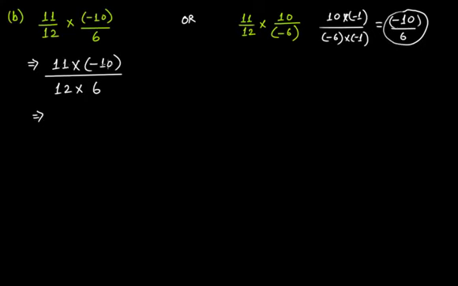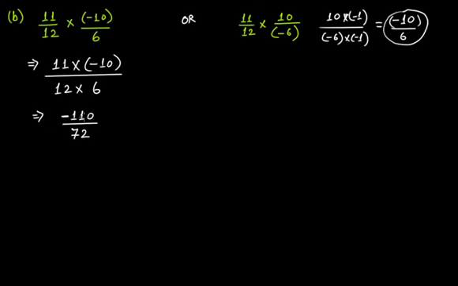If you multiply 11 and 10, you get 110, and then put this minus sign here, and then this is 72. Now, find the highest common factor of 110 and 72, if you want to simplify. Even if you don't want to simplify, you can leave it like this, but it's always good to simplify.